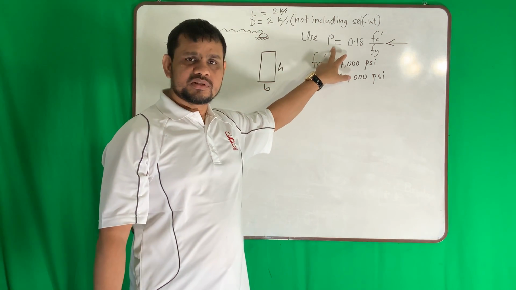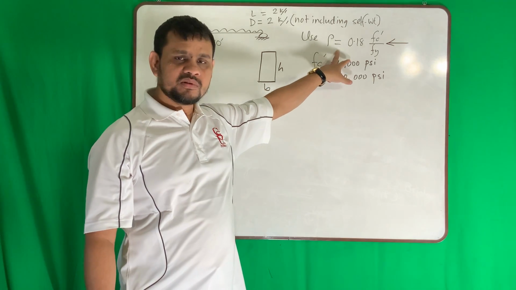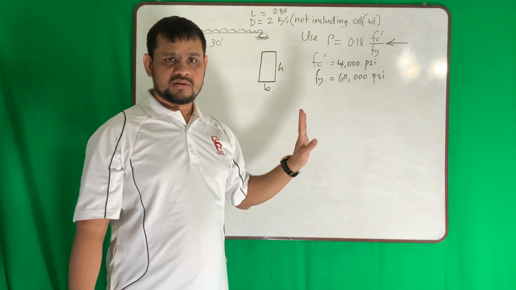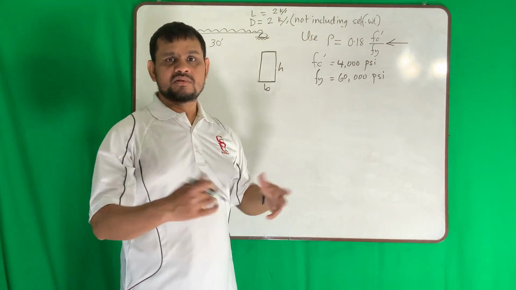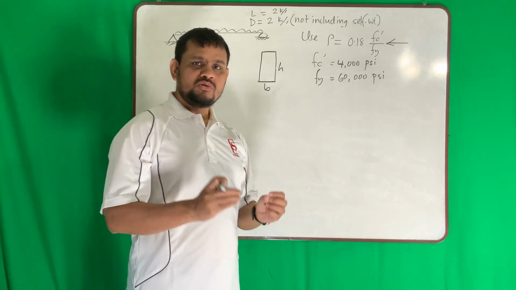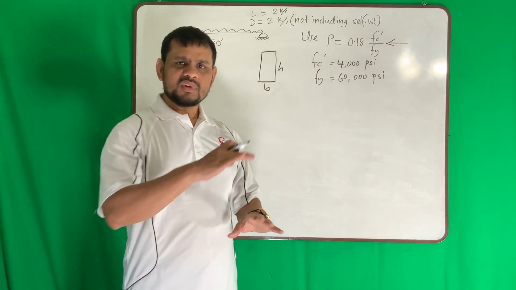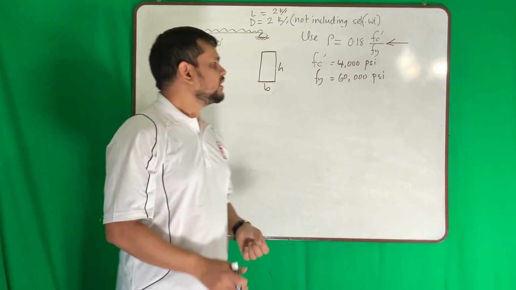Sometimes you may know this because your boss or supervisor may recommend it. Sometimes you do not know this. Now sometimes self weight is included, sometimes not. So there are so many different scenarios. So do not memorize anything, just know the fundamentals and know how to solve it.